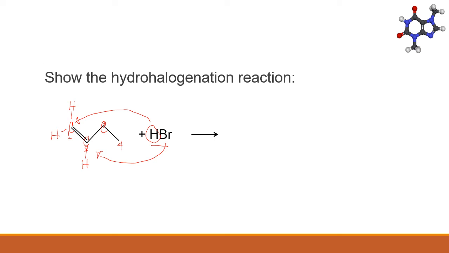So the product of the reaction, remember, will be an alkane, butane. Bromine will attach to this carbon and the other hydrogen will attach to this one to complete the octet requirement. So this reaction gives us 2-bromobutane.